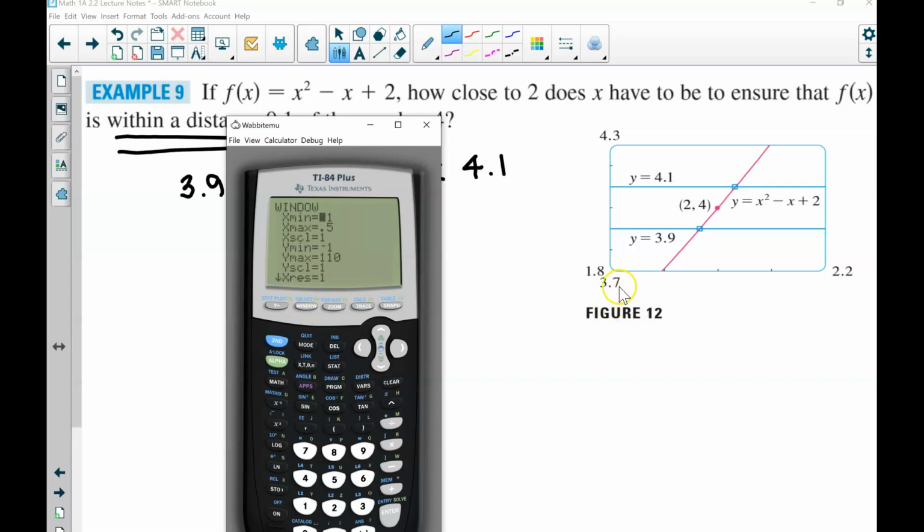Okay, so the values of x go from 1.8 to 2.2, so that we can see that within our viewing rectangle. And then our y minimum and y maximum are 3.7 and 4.3. Again, just enough for us to be able to see what's happening.